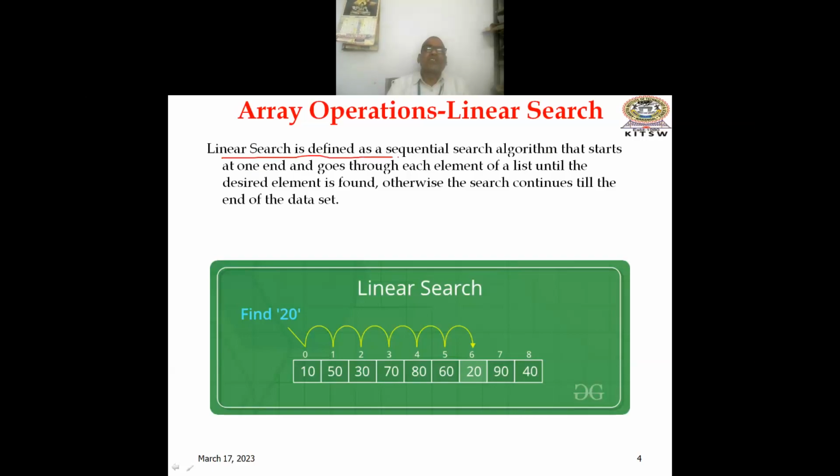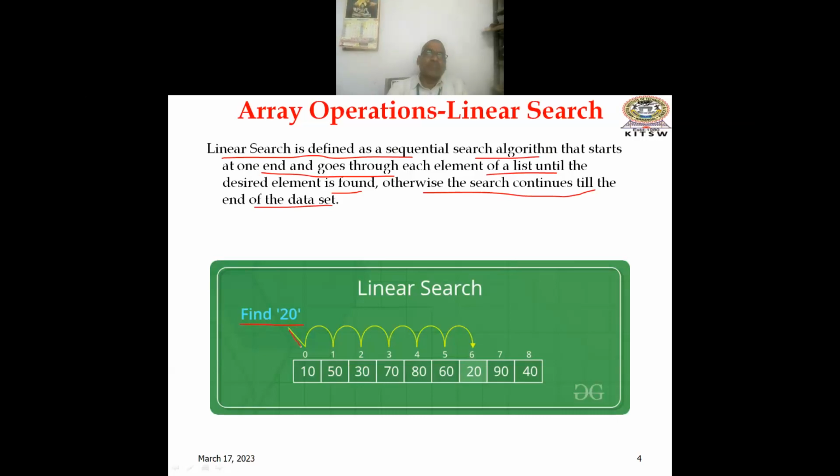Linear search is defined as a sequential search algorithm that starts at one end and goes through each and every element of the array until the desired element is found; otherwise the search continues till the end of the array. Suppose you are given these elements 10, 50, 30, 70, and so on, nine elements in all, and you want to find where 20 is.